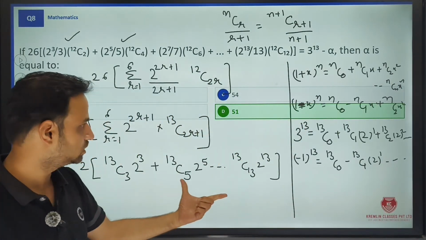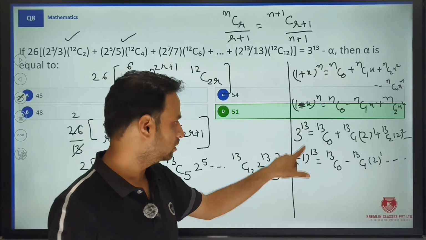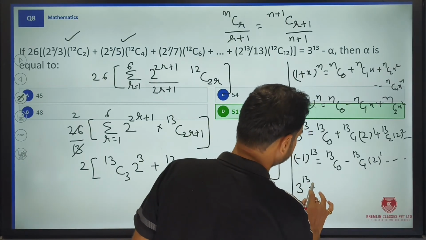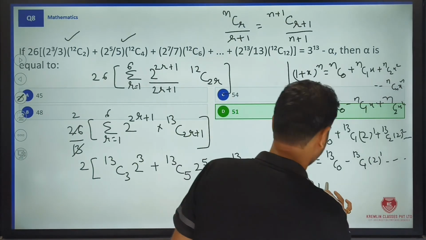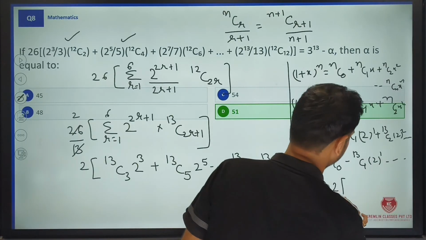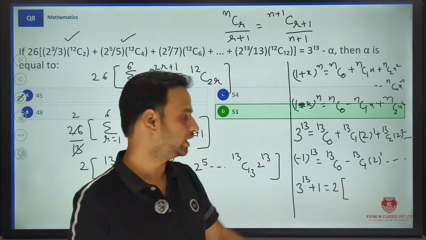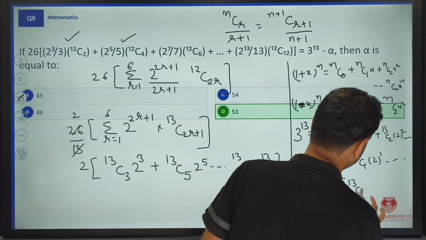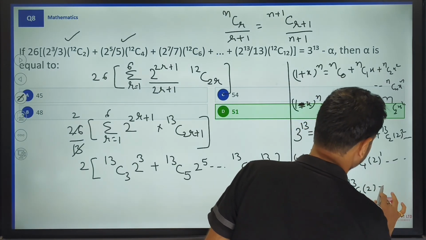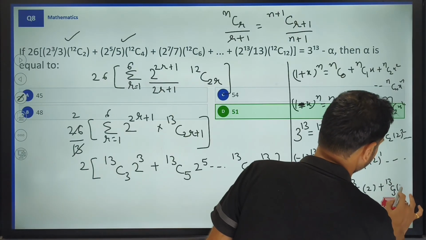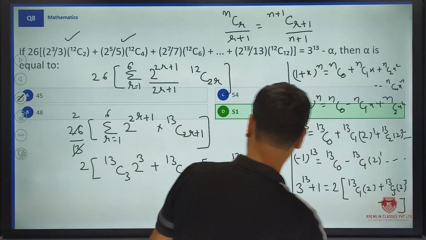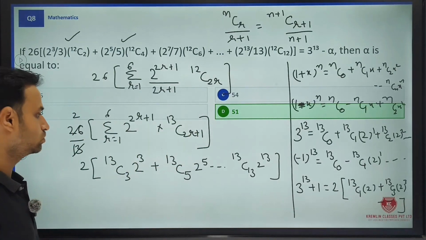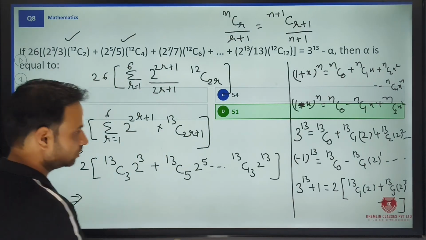So how do we get this? We get this by subtracting these: 3 power 13 minus this, so this will be plus 1. When we subtract, the even terms vanish, and we will get twice 13C1 into 2 plus 13C3 2 power 3, dot dot dot. Exactly what is written here, with the exception that this is not here. So the final answer will be what?